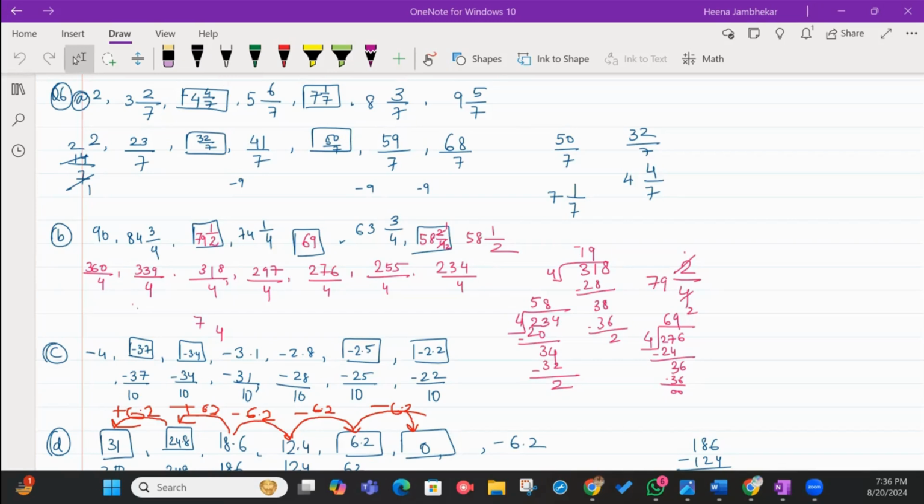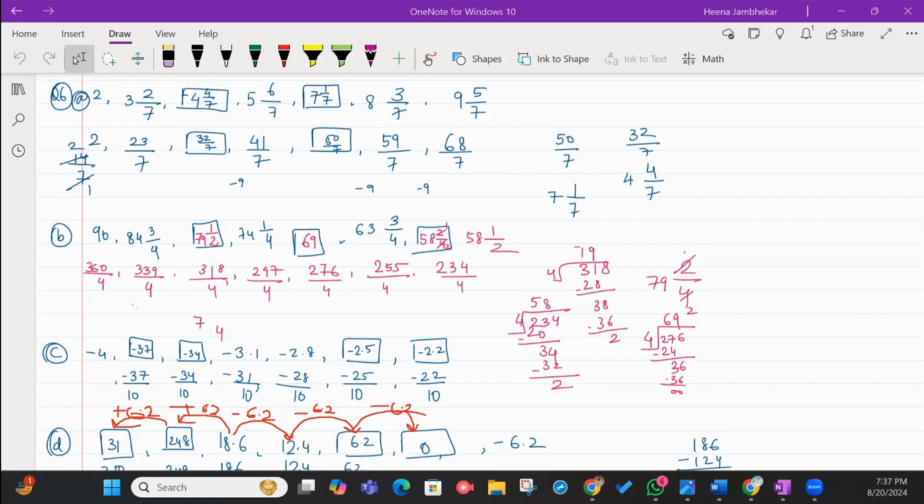Look at this sum. I was just explaining. There is basically a box, then you have 18.6, 12.4, then a box, and then you have minus 6.2. So we have to find the next terms as well as the previous terms. Now look at this. If you go from 18.6 to 12.4, what's the difference between the two?